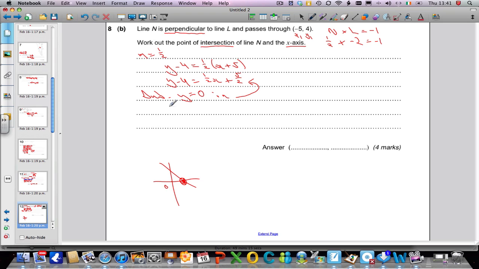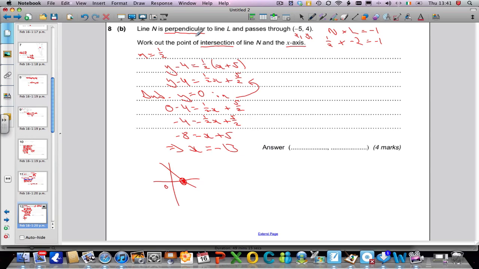So we get 0 minus 4 equals a half x plus 5 over 2, which means minus 4 equals a half x plus 5 over 2. Multiply across by 2, we get minus 8 equals x plus 5, which tells me that x must be minus 13.